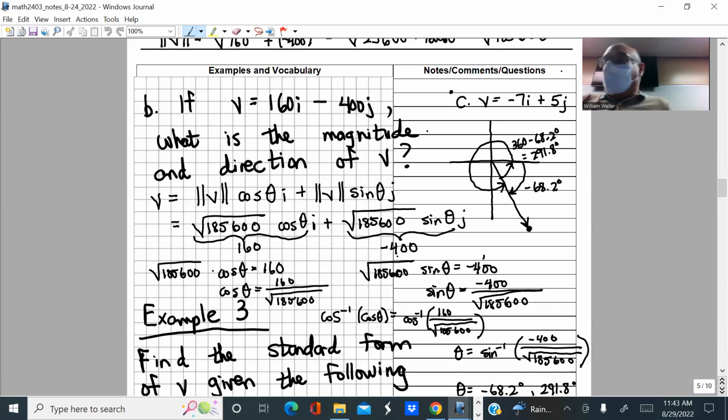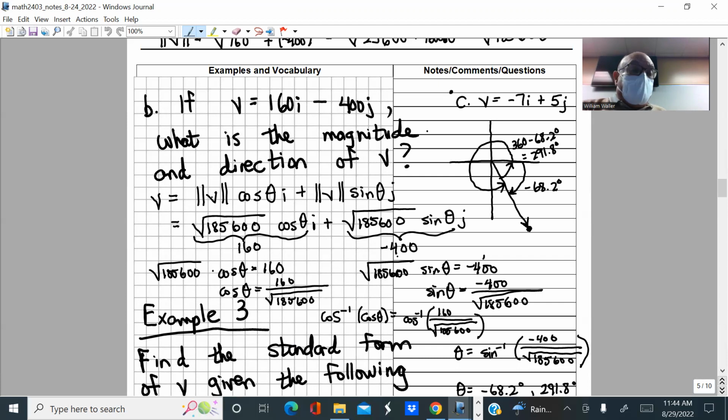Okay. And remember, the way you do this is you'll take this vector v and you want to write it in this format. Okay, which is also standard form because notice it's just a combination of the vectors i and j, right? Except the coefficients on the i and the coefficients on the j are written in a little bit special form, right?